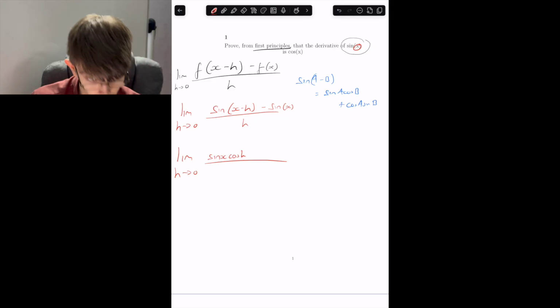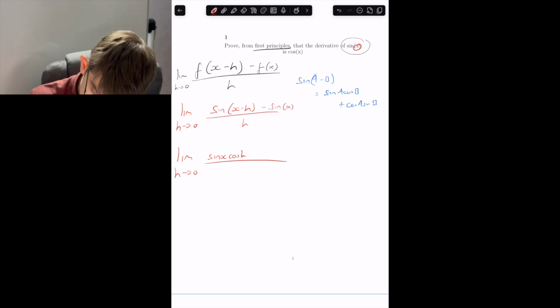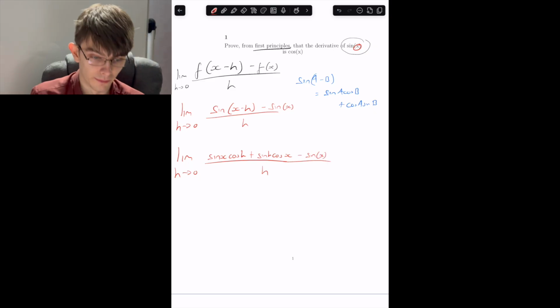Always think that's cosh. If you don't know what cosh is yet, don't worry about it. Plus sine h cos x minus sine of x, all divided by h.